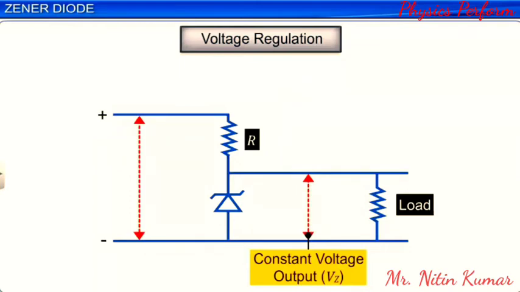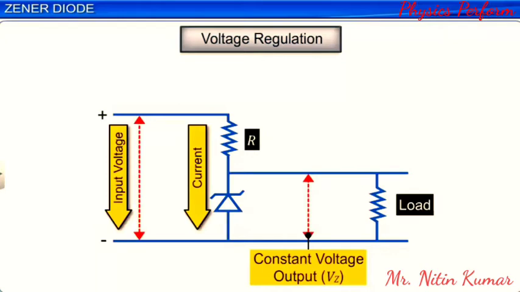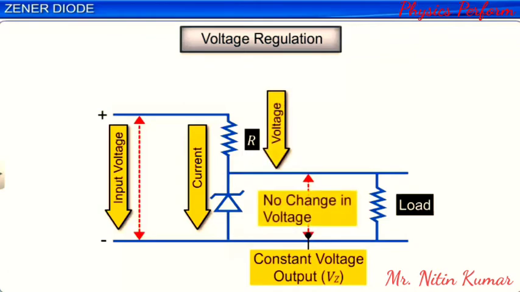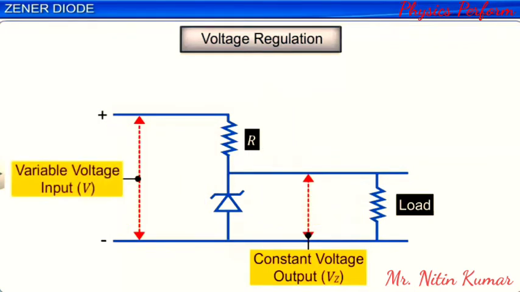On the other hand, if the input voltage is decreased, the current through R and the ZENER diode decreases. This reduces the voltage across R without affecting the voltage across the ZENER diode. Thus, irrespective of increase or decrease in the input voltage, the voltage across the ZENER diode remains constant, which is collected across the load resistance. Hence, the ZENER diode acts like a voltage regulator.